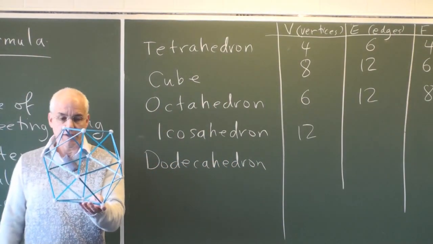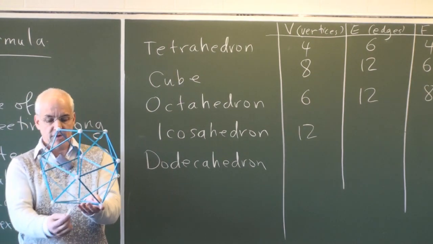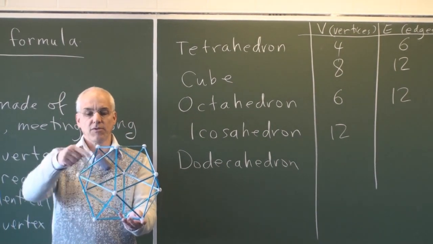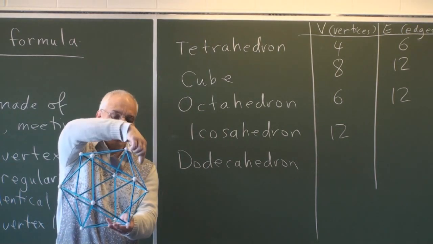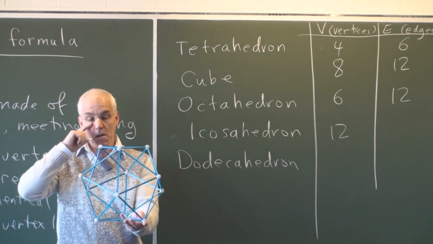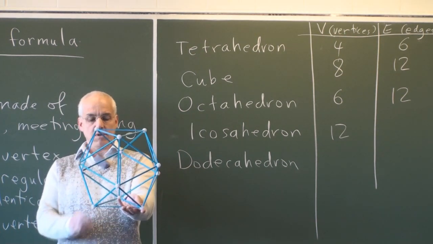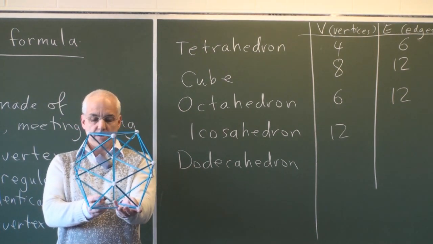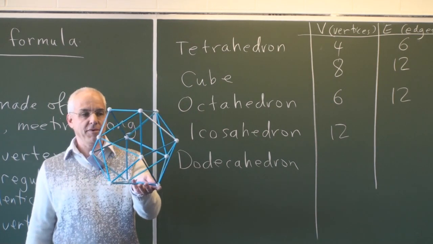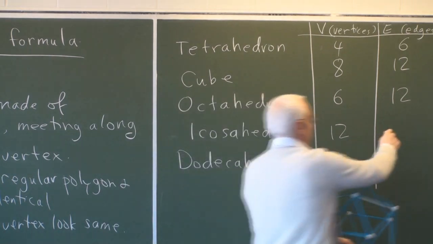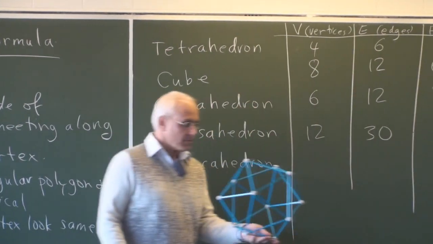Counting edges, well, let's see. There's 3 in this base triangle, 3 in this base triangle. And then there's sort of 1, 2, 3, 4, 5, 6, 7, 8, 9, 10. Well, hang on, did I say that right? Well, if you count them, there's 30 of them. Okay, maybe it's a little bit hard to say exactly how to count them, but there are 30 of them.